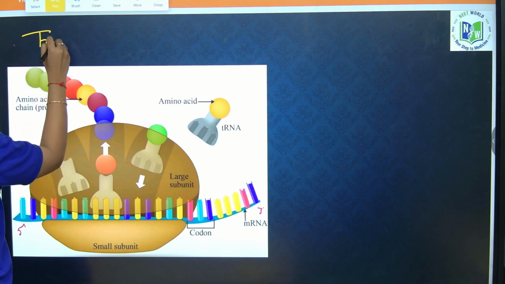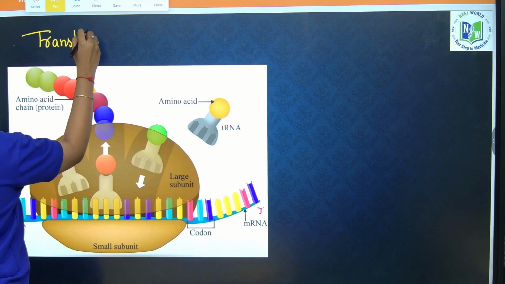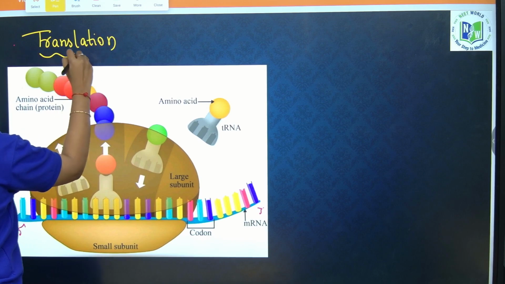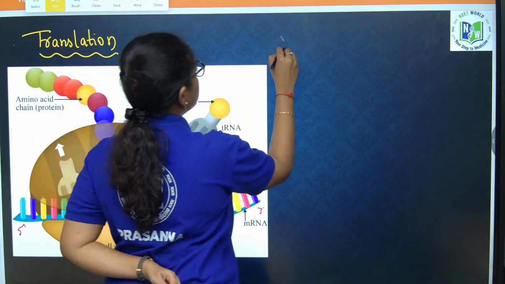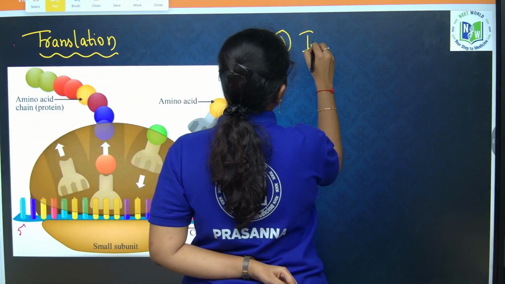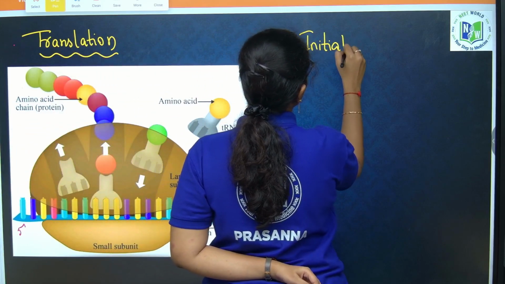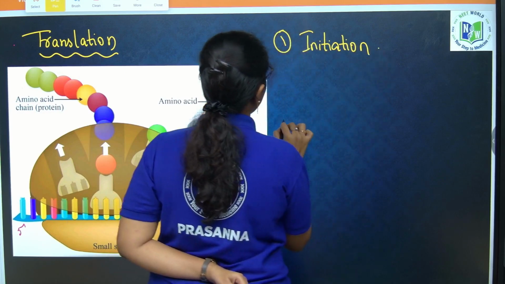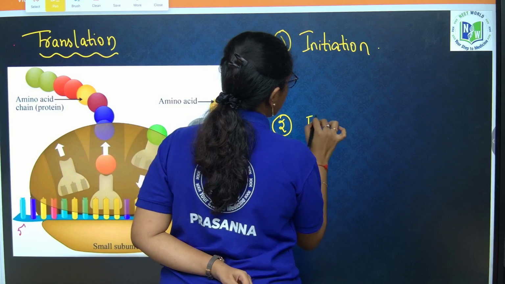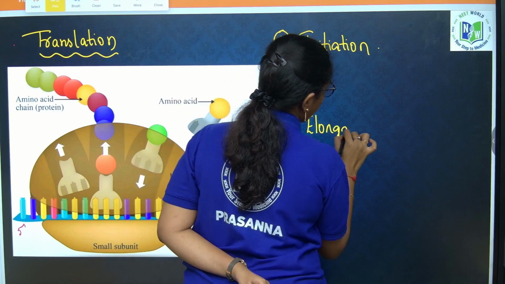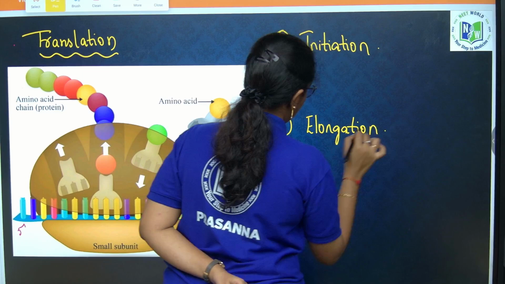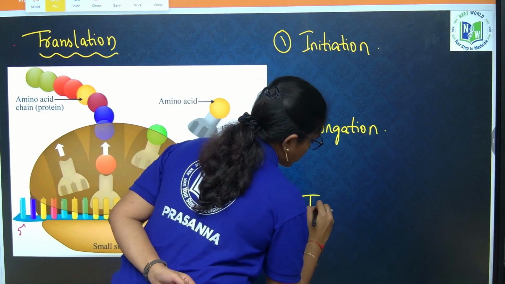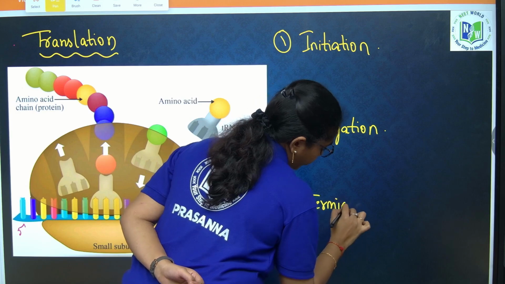In translation, the first step is initiation, the second is elongation, and the third is termination. Three steps are present over here too.